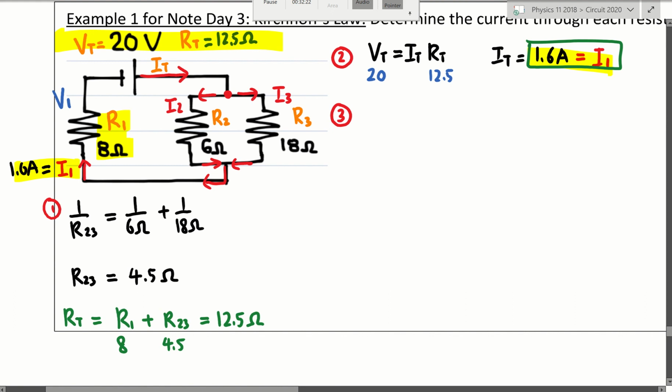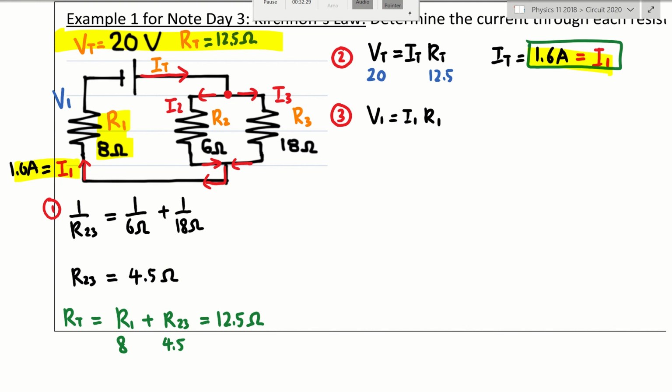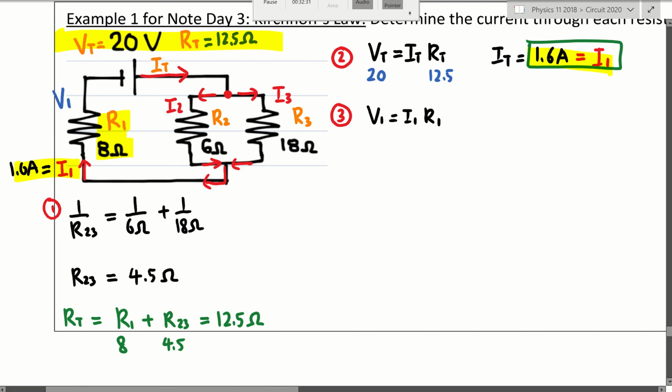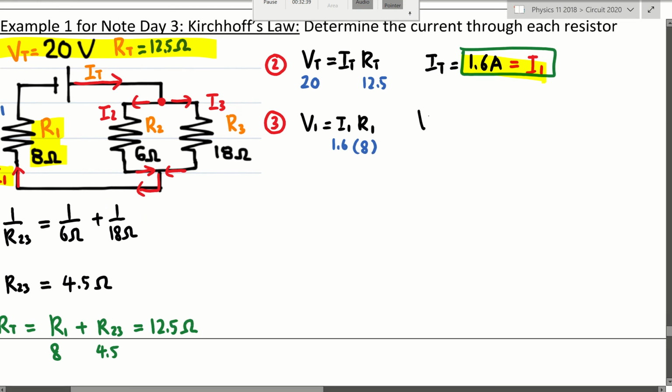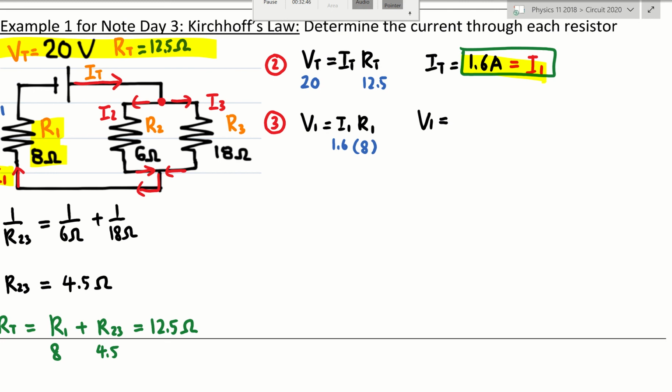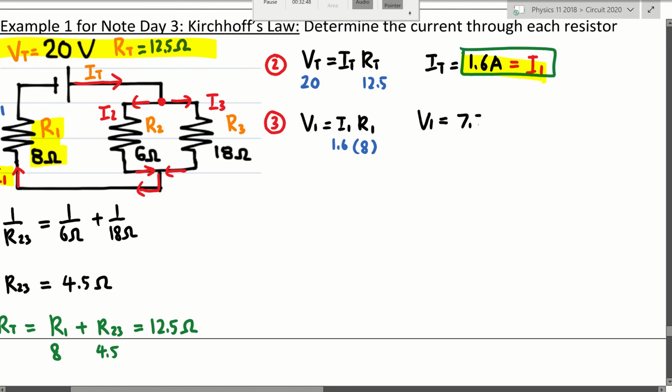So V1 equals I1 R1. The voltage is simply multiplying 1.6 by 8. So V1 turns out to be 7.2 volts.